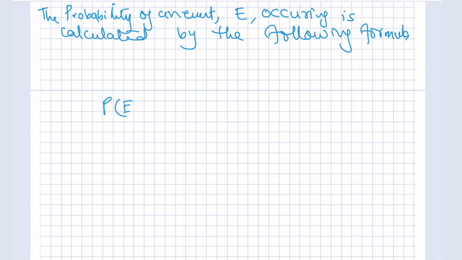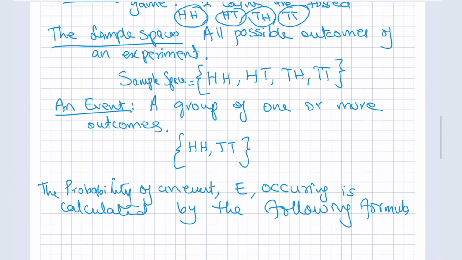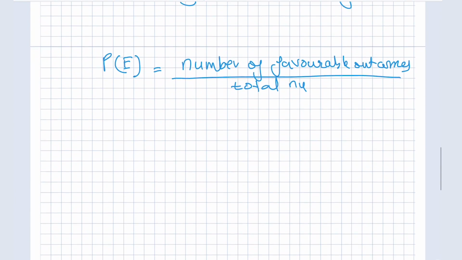So the probability of an event is equal to the number of favorable outcomes divided by the total number of outcomes, which we have already defined as the sample space.